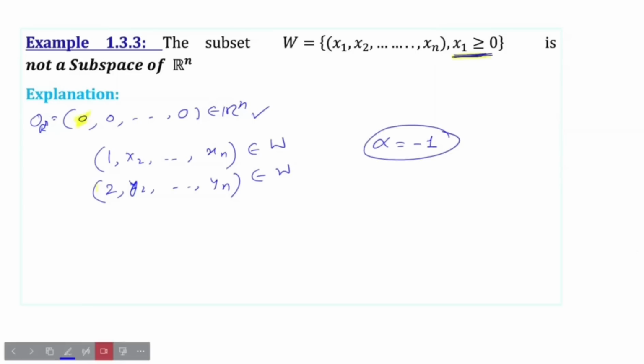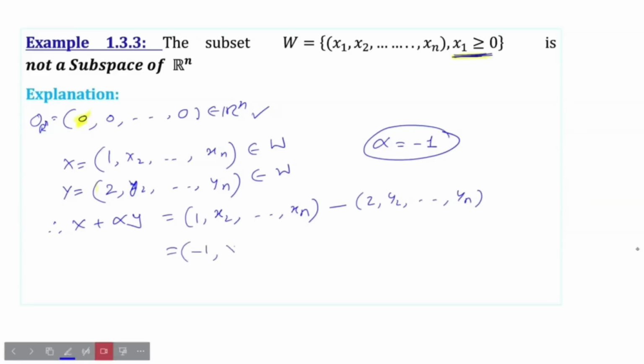Now we will try to do the linear combination of these two vectors by taking, let's say, alpha equal to -1. So x plus alpha y will be (1, x2, x3, xn) minus (2, y2, y3, yn).